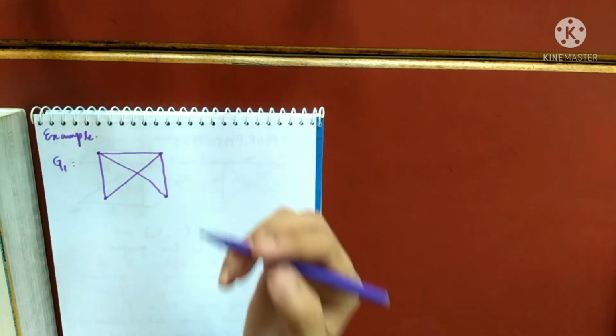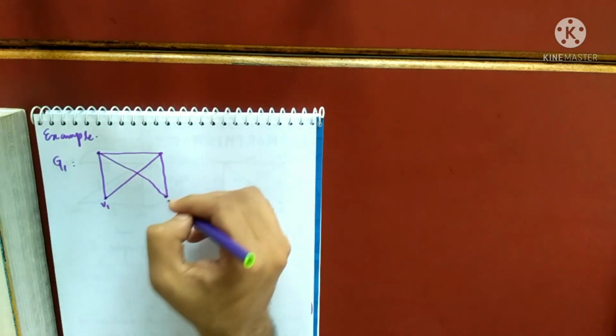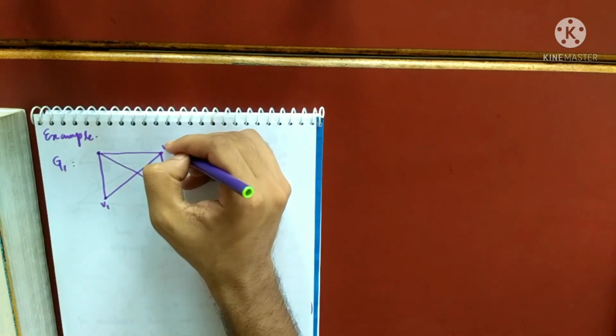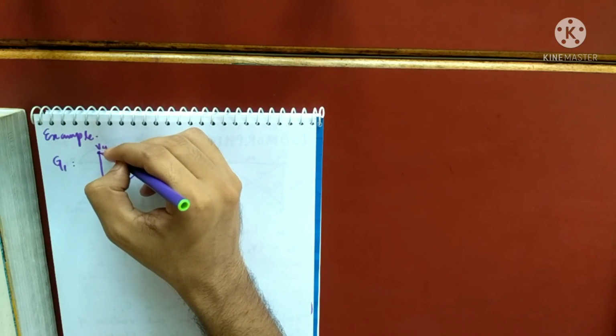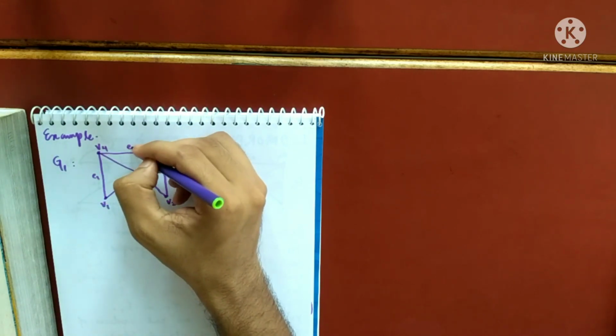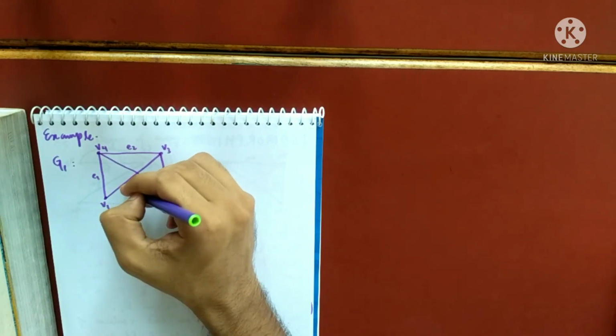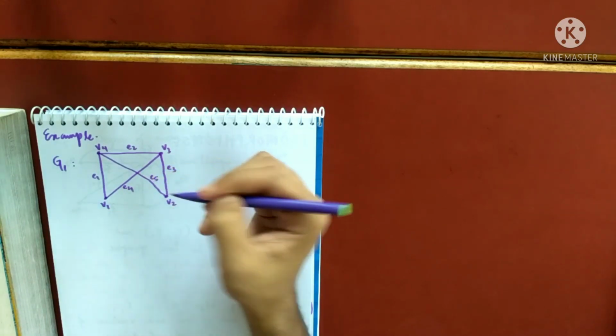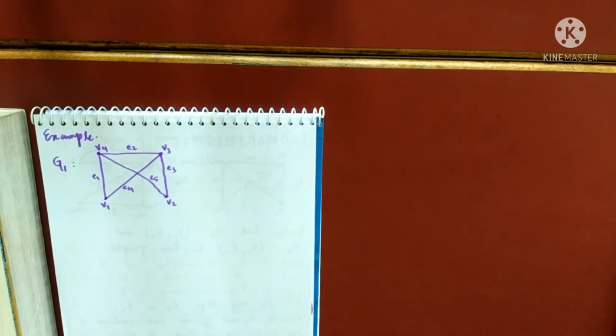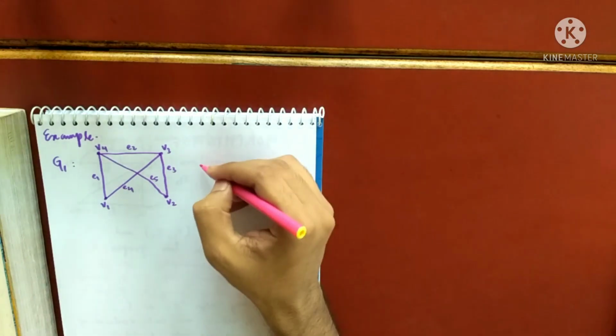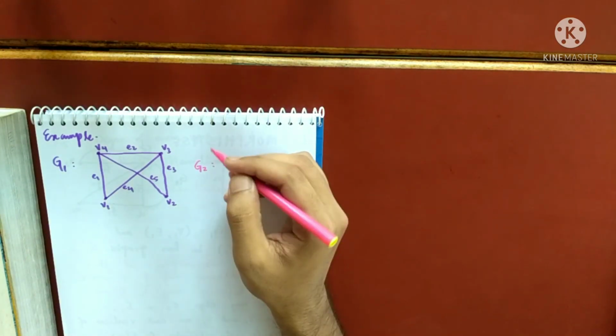Let me give the names V1, V2, V3, V4. Edges I am naming like that only, E1, E2, E3, E4, E5. And let me draw another graph G2, which I have drawn something like this.